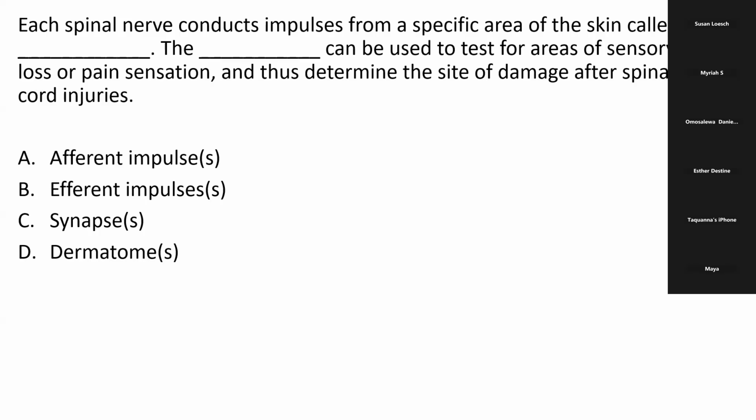Isn't that what sends signals, messages to the brain? Afferent impulse. Right, that's your sensory signal going to the brain. The brain is going to sense something from this signal. Efferent is what? It's the response from the brain out.